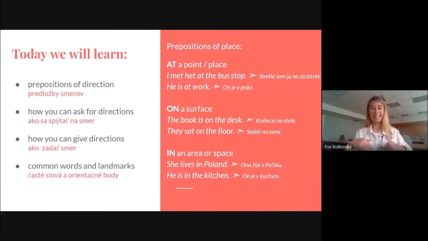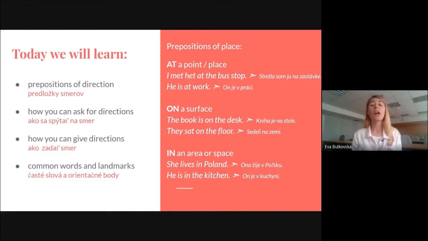Another preposition of place is on. So on a surface or on something. The book is on the desk. It's sitting on the desk. Or they sat on the floor. They sat physically on the floor. Or you could say the park is on the hill.